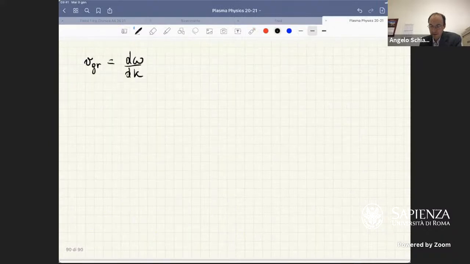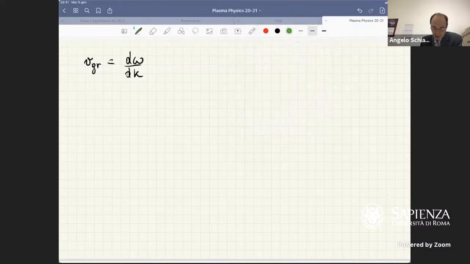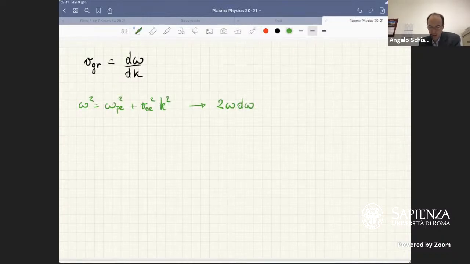So let's start from our dispersion relation, omega squared equals omega plasma squared plus V0e squared times k squared. If we differentiate this, we get 2 omega d omega on the left hand side, and the second term becomes V0e squared times 2k dk.